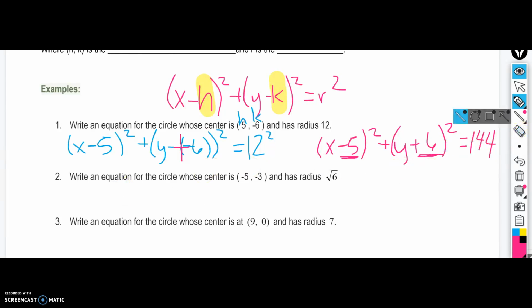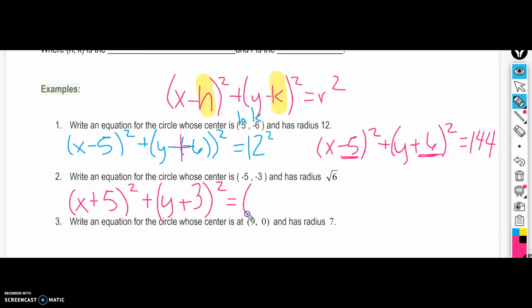For the next one, I'm going to do the same thing, and I am going to skip this minus and just go straight to the plus. So here I've got x minus -5, which is the same as plus 5 squared, plus y minus -3, which again is plus 3 squared equals, and now I have the square root of 6 squared.